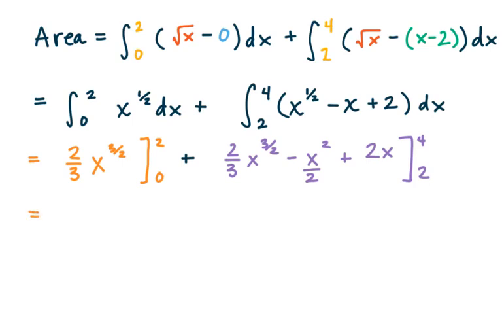So for the first piece, if I plug in 2, I'm going to get a value. Plugging in 0, that's just going to give me 0. So I'm going to get 2/3 times 2 to the 3/2 minus 2/3 times 0 to the 3/2. And 0 to the 3/2 is 0, times 2/3 is 0.